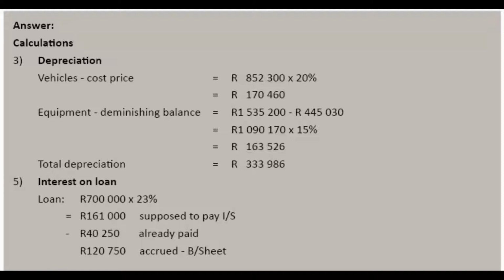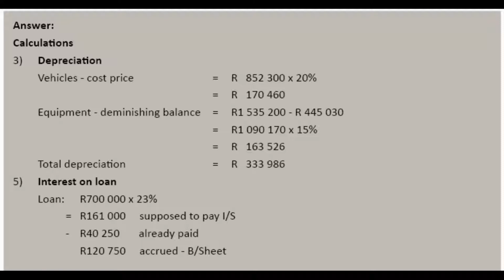So the double entry for that is we debit interest on loan. Remember to enter the balance of 40,250 and then also add on the debit side 120,750, and we're going to credit expenses accrued with 120,750.